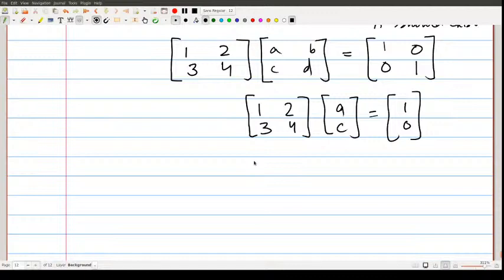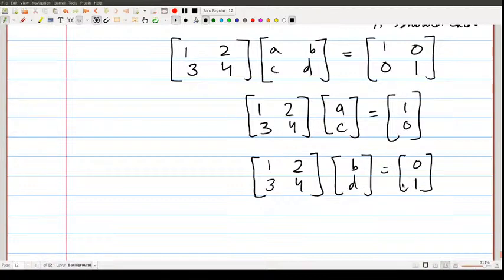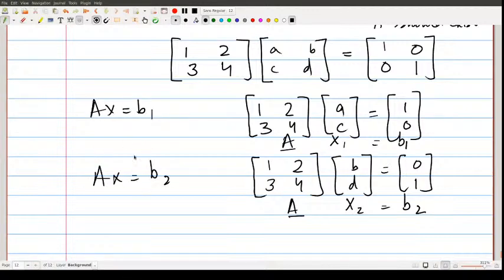The other system is 1, 2, 3, 4 times the column (b, d) giving you 0, 1. So this is Ax1 equals b1, and this is Ax2 equals b2. Essentially you're solving two systems at the same time which have the same matrix A, and we're trying to solve for x in both of these.